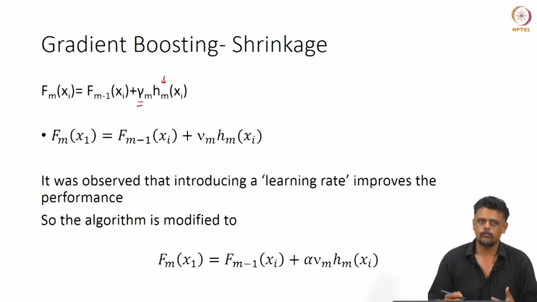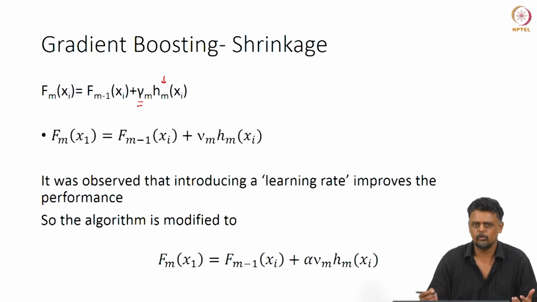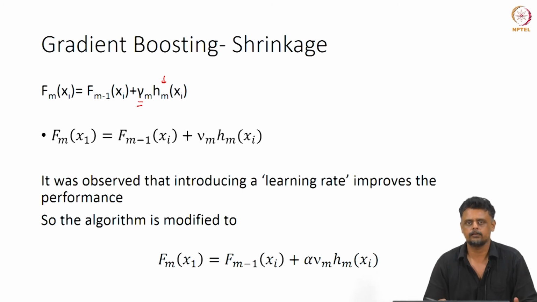Once you fit to the gradient, you take that machine learning model, have a multiplicative factor here and try to estimate that factor. So, you can think of it as doing a linear combination of multiple machine learning models. In most cases, it is just a linear combination of multiple regression trees or decision trees.